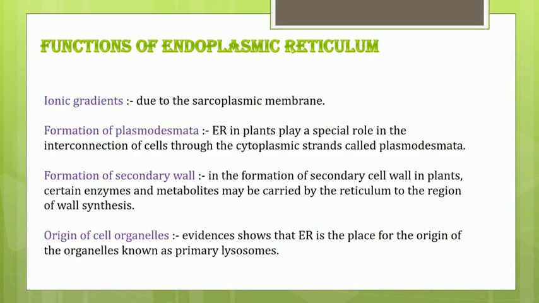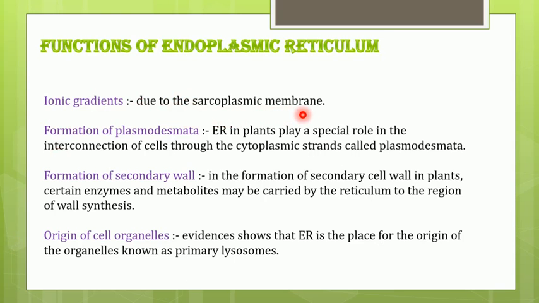Sometimes endoplasmic reticulum also acts as an ionic gradient. This ionic gradient plays a very important role in the muscle contraction process. Okay, so what happens? Inside the muscles, the calcium ions take part in the contraction or relaxation of the muscles.